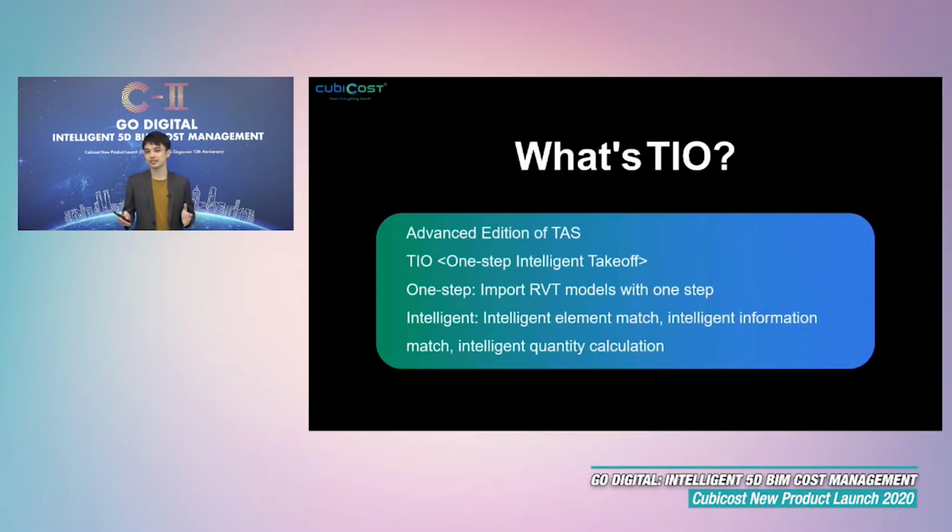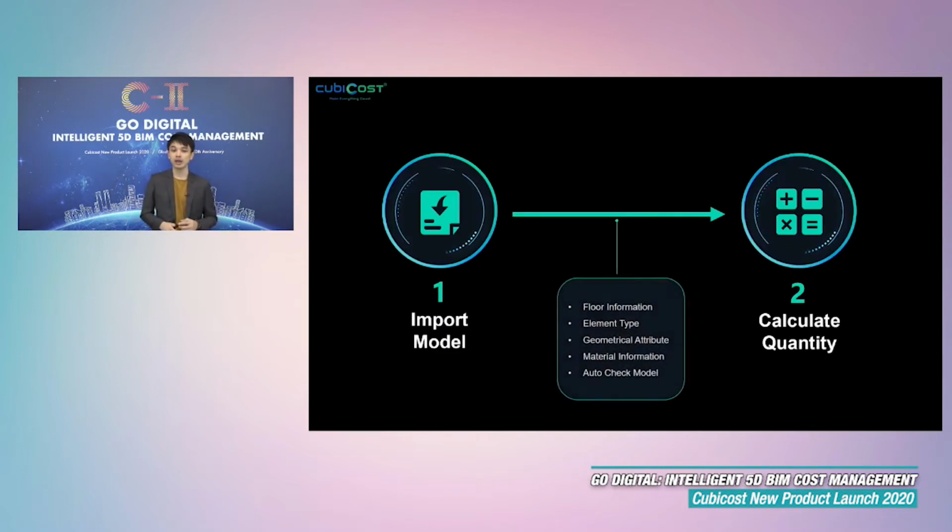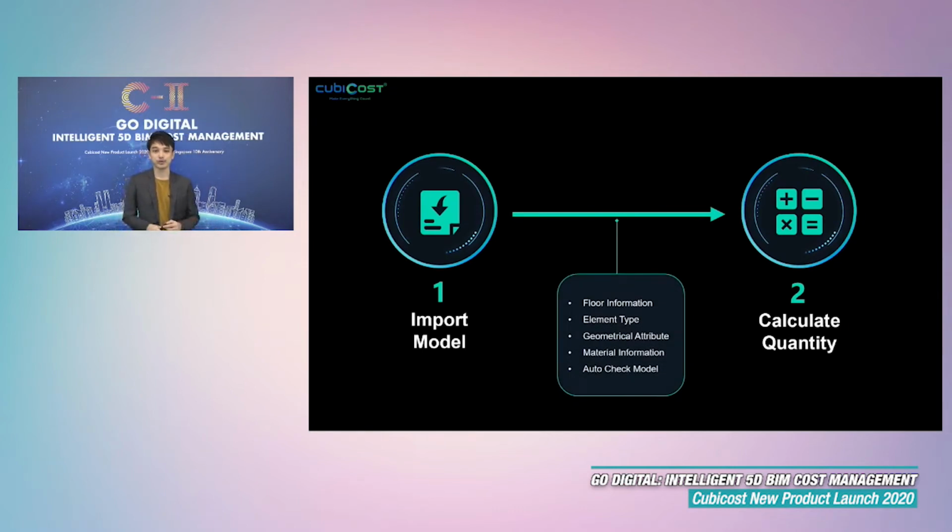So what exactly is TIO? TIO stands for One-Step Intelligent Takeoff. Right now, through TIO, we are able to import native Revit files in just one step. No conversion needed. When importing the models, we use AI technology to identify various sorts of information intelligently.